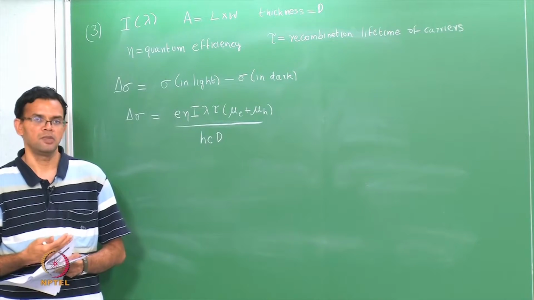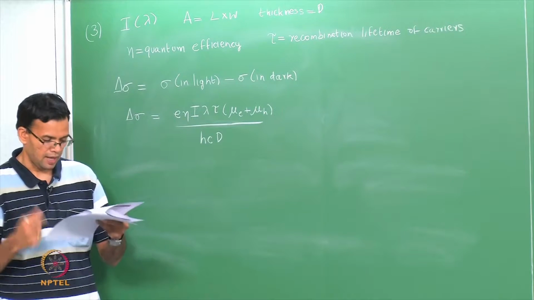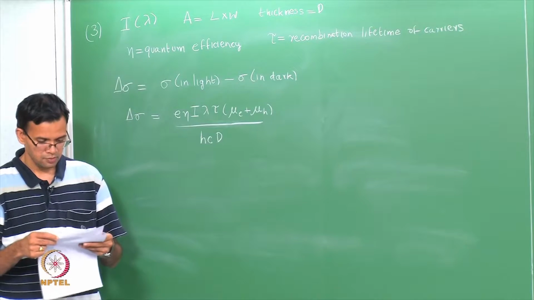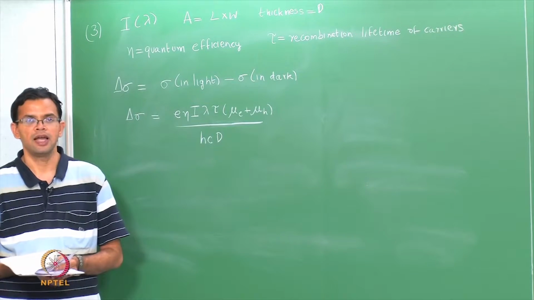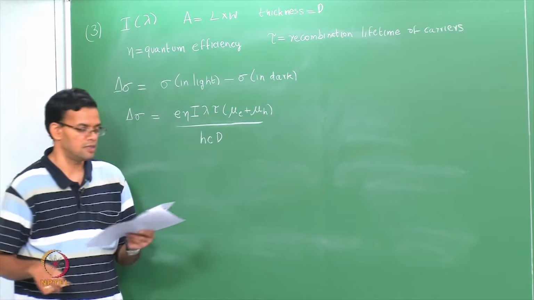So, in some ways problem 3 is similar to problem 2, except that we are using symbols instead of numbers, and in the last part of problem 3 we will actually plug in some numbers to get this expression. So, once again the first thing we need to do is to calculate the number of photons or the photon flux that is incident on the sample.